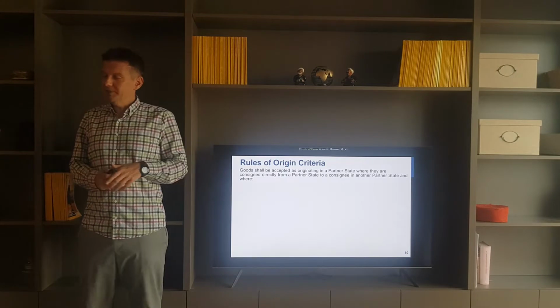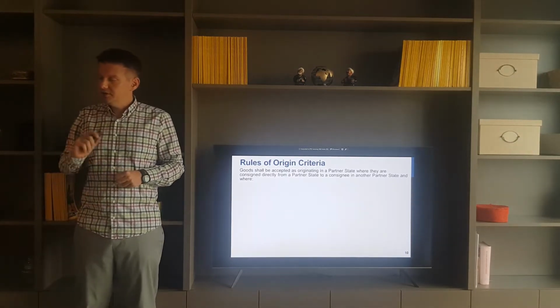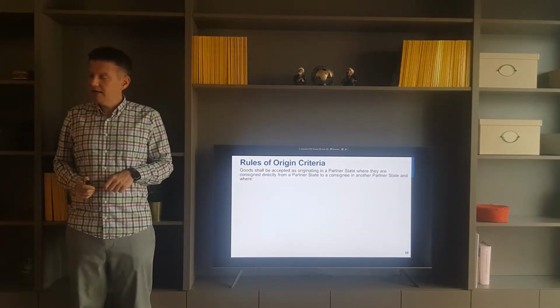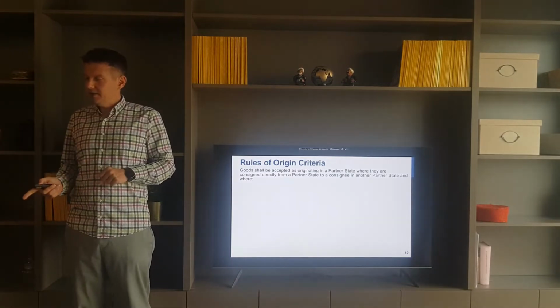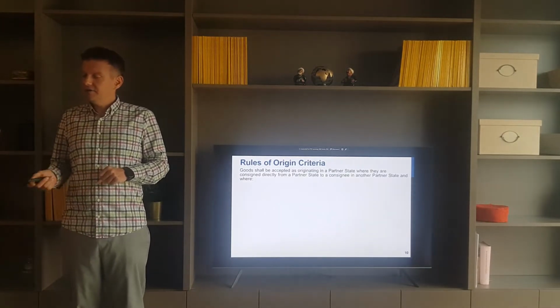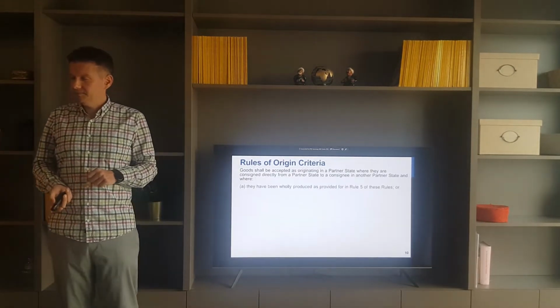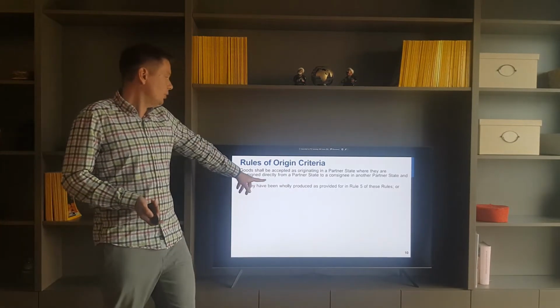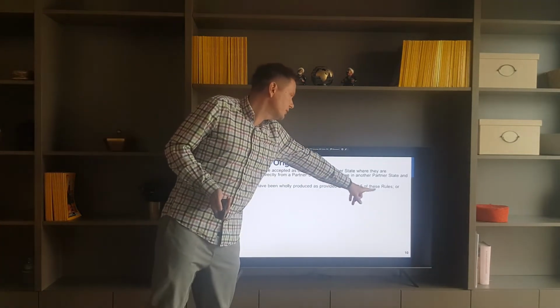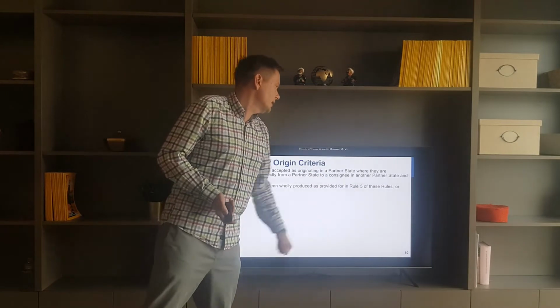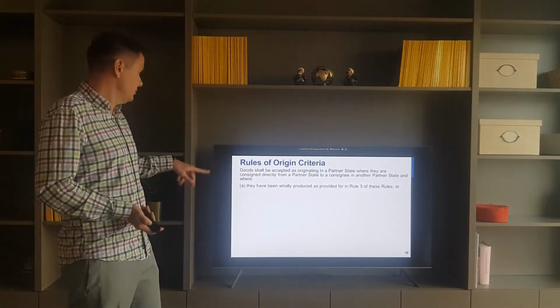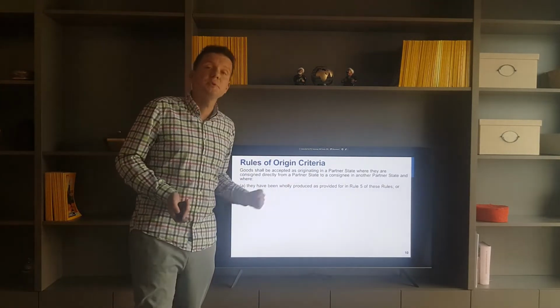Goods shall be accepted as originating in a partner state where they are consigned directly from another partner state under the following criteria, essentially. They have been wholly produced as provided under Rule 5, and I will speak about Rule 5. What does wholly produced mean?